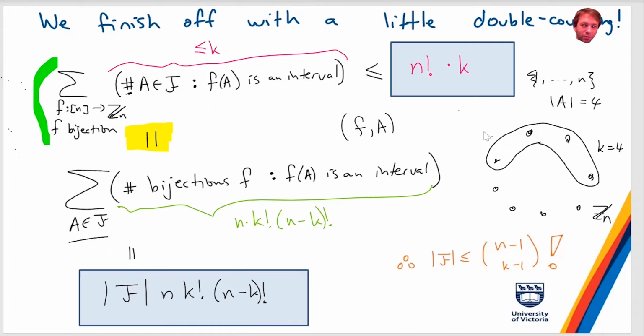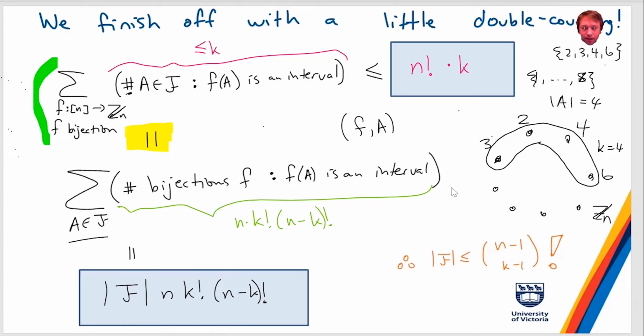Some of those bijections will map A to an interval. For example, suppose A is 2, 3, 4, 6, and I map 2 here, 3 here, 4 here, 6 here. Then I map the rest of the numbers, so n is 8, and that's a bijection which would map A to an interval.